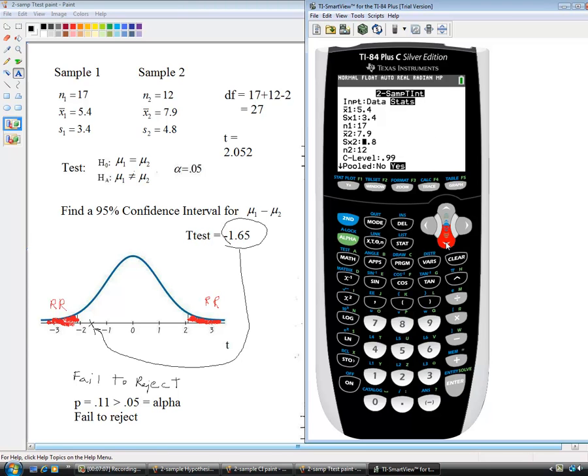It looks like the only thing we need to change here is this is going to be 0.95, so we can run the same sort of testing procedure with this confidence interval that we did with the test. Alright, so between negative 5.62 and positive 0.61 or 62.